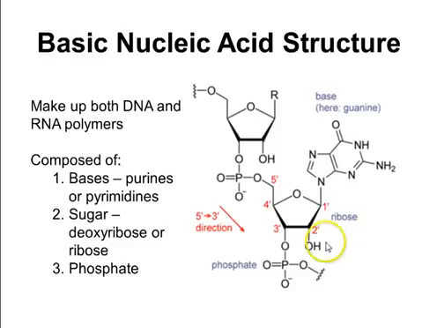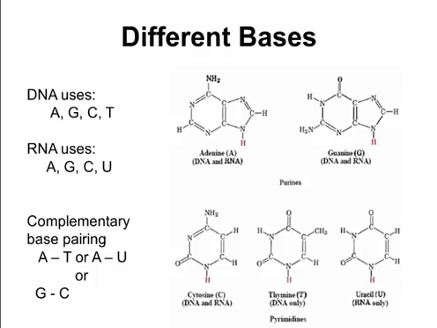In deoxyribose, this here is missing, has a hydrogen there, and it becomes deoxyribose. That is one of the 2 differences between DNA and RNA, the structure of the sugar molecule that's used in the sugar backbone. The other difference is in the nucleoside base.